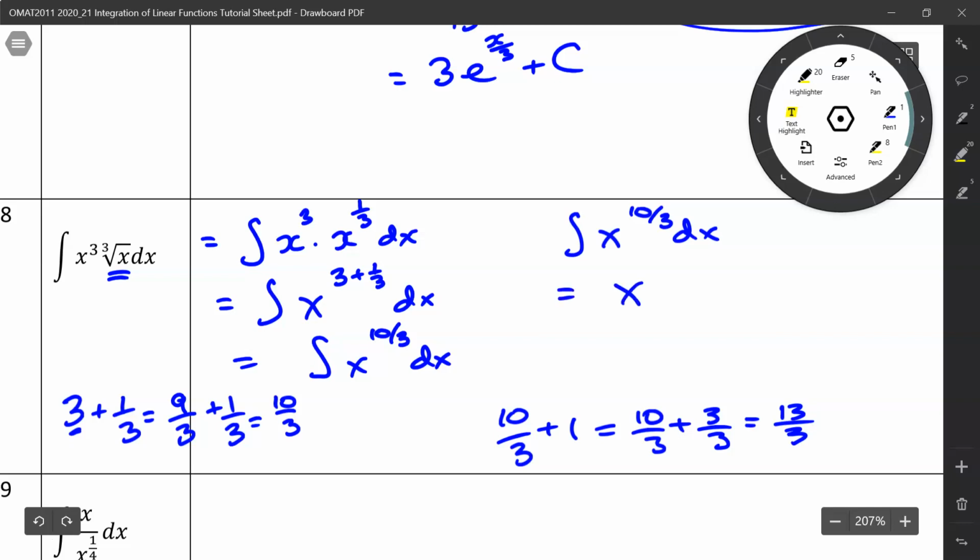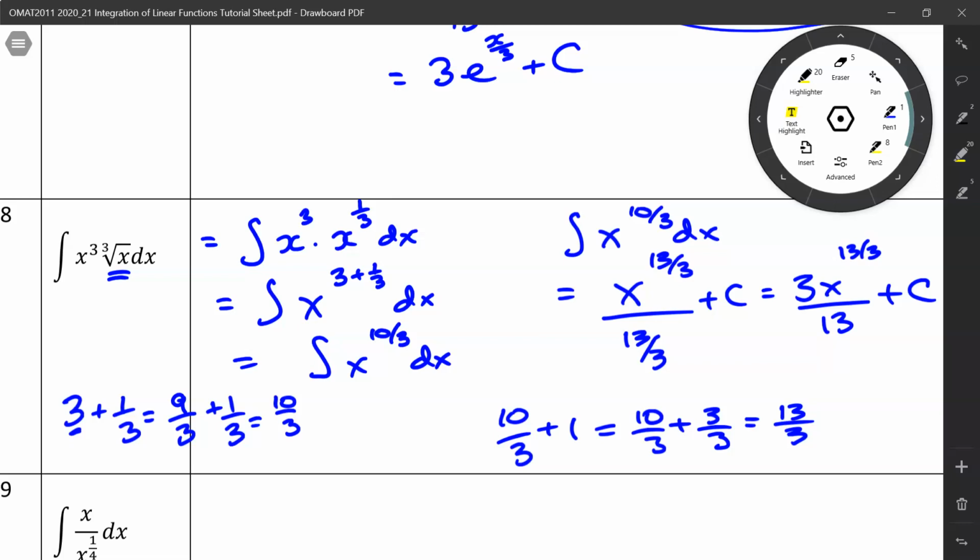So that is equal to x to the power of 13 over 3, and we divide by 13 over 3 and our constant of integration. And that gives us 3x to the power of 13 over 3 over 13 plus our constant of integration.